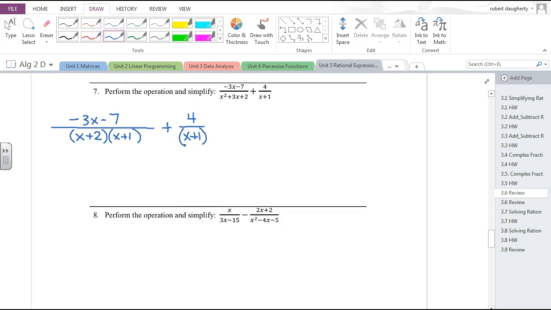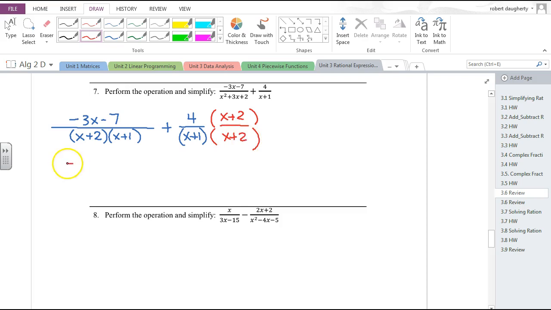So it looks like my common denominator is going to be (x plus 2)(x plus 1). So I need to multiply this fraction by 1 in the form of x plus 2 over x plus 2. If I do that, then I will have a common denominator. So let's do that.